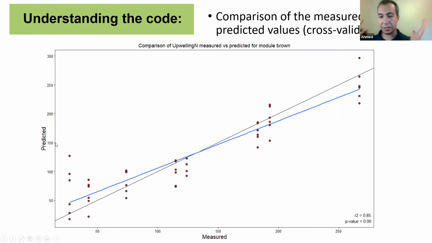Again, the beginning goal was to link your microbial data to the ecosystem output. If you're saying that this microbial data is really important to ecosystem output, and you do this regression model and cross-validation, all of that, and you want to predict the ecosystem output just based on the relative abundance of a specific taxon, and you get a result like this, it gives you more trust.